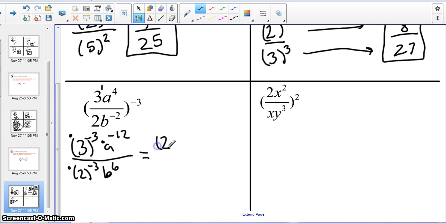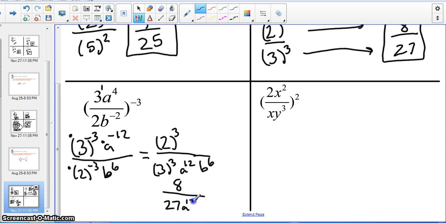So I'd get 2 to the third on top, all over 3 to the third, A to the 12th, and B to the 6th. Since the B had a positive exponent, it stays on the bottom. Our final answer would be 8 over 27, A to the 12th, B to the 6th.